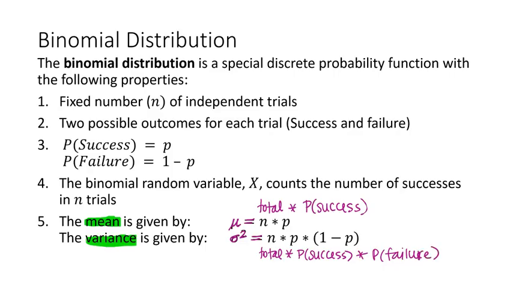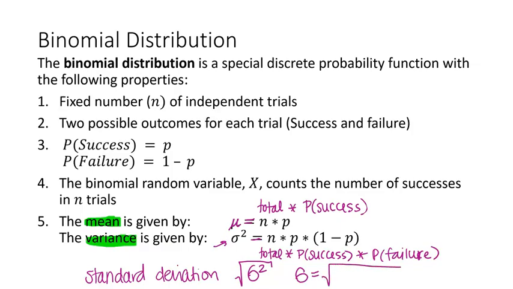And like we learned in our very first unit, because this is sigma squared, if I want the standard deviation, I simply take my variance and square root it. So sigma is the square root of n times p times 1 minus p. And that is something you are welcome to add to your formula sheets if it's not already there.